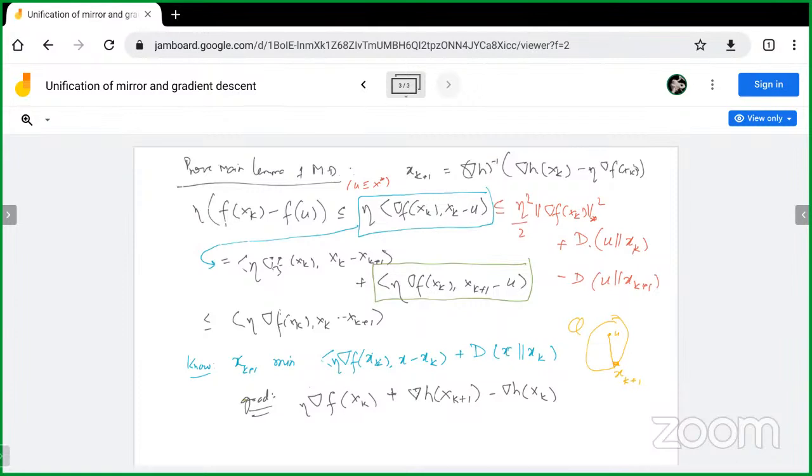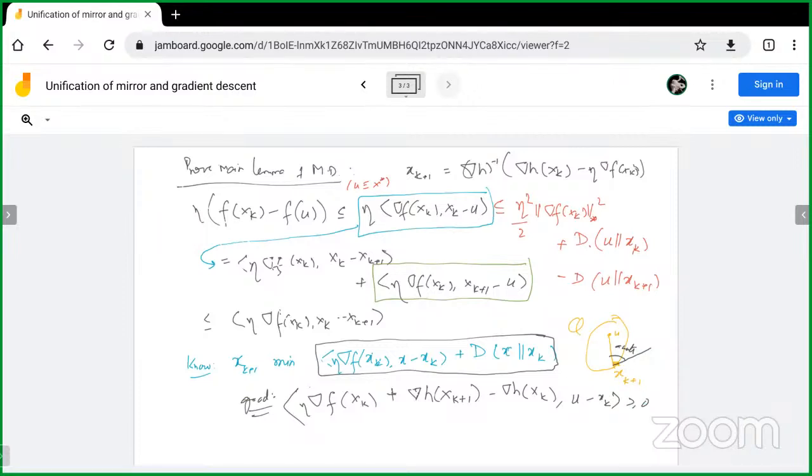I'm minimizing this function over a convex set, so the gradient's inner product with the direction toward u, u minus x_k plus 1, has to be non-negative. That's what it gives me.